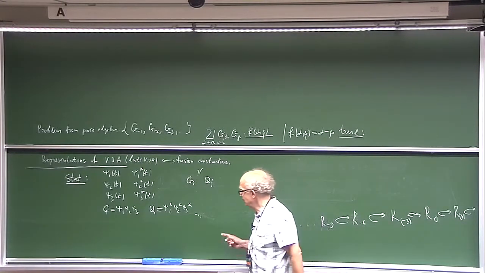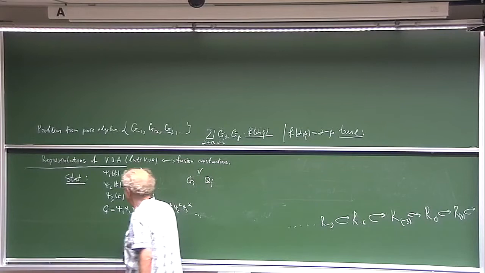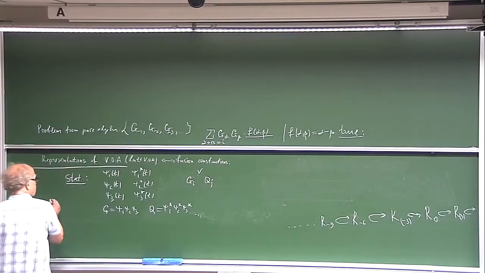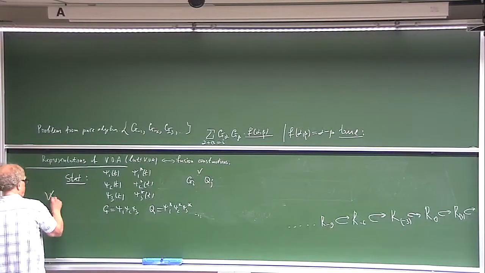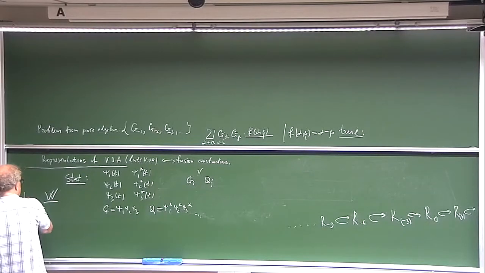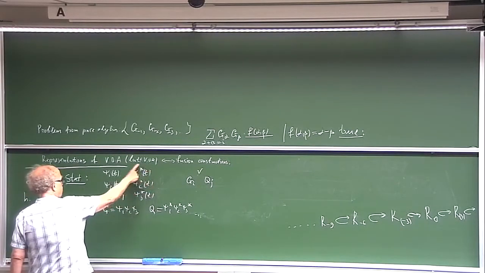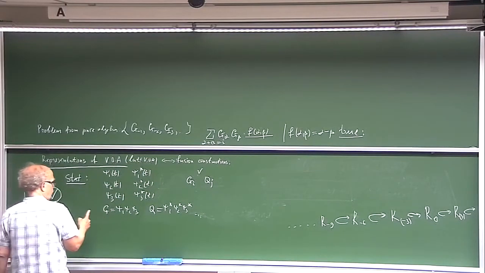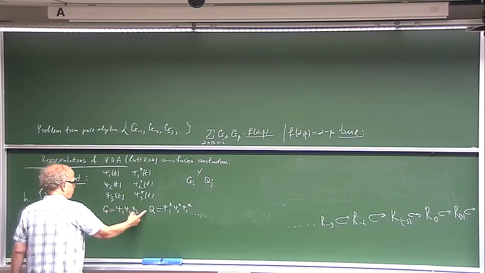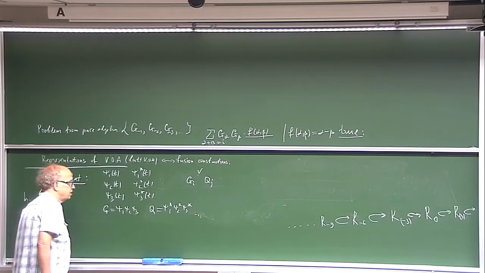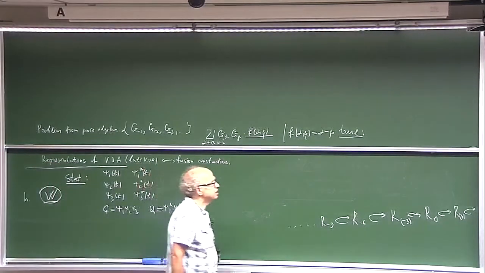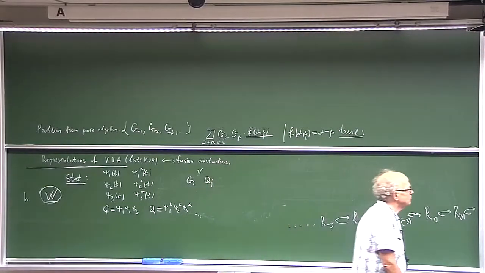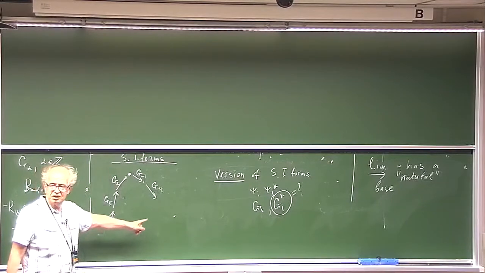But the meaning of this statement is: if you take a highest weight vector, maybe W, in the representation of this Clifford algebra, and then I act by the algebra generated by G and Q, then I get precisely the vector space, this representation.